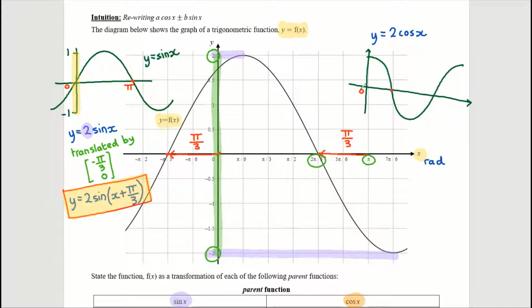Well, no longer do I have the origin as an x-intercept. So the x-intercepts are now at pi over 2 and at 3 pi over 2. And we have maxima at 0 and 2 pi and a minimum value at pi.